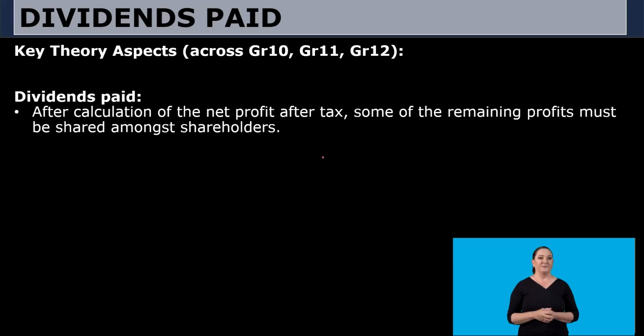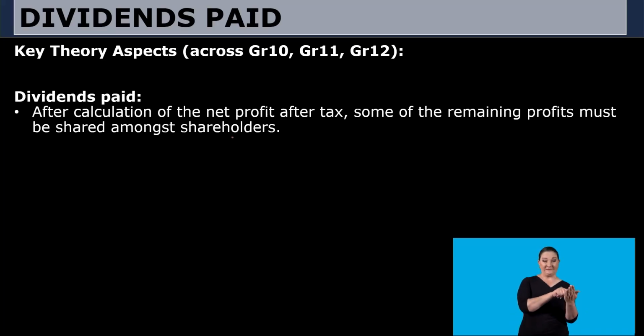Do you know how to use that information when you are calculating dividends paid that is to be shown in the cash flow statement? Remember, not every time will the examiner test the entire cash flow statement. At times they will test parts of it, but it is wise that you prepare the entire cash flow statement.